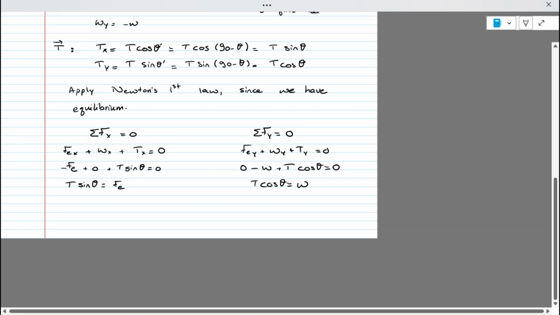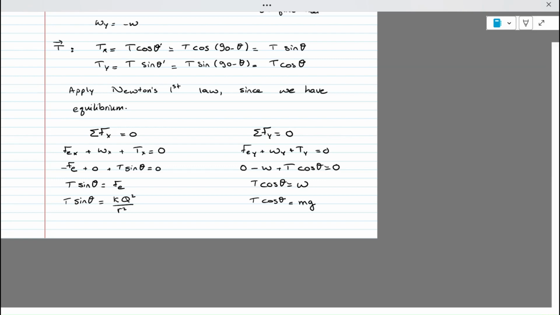Now we can write the expressions of the electric force and the weight force as well. For the electric force, the expression is k q squared over r squared. I put q squared because q1 and q2 are equal to each other. And here I have T cosine theta equals mg. Now I can divide these two equations to get rid of the tension force. This will give me that tangent theta equals k q squared over m g r squared.